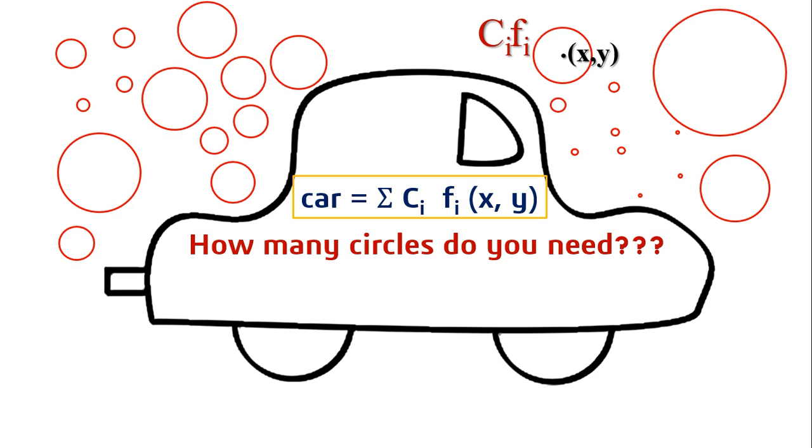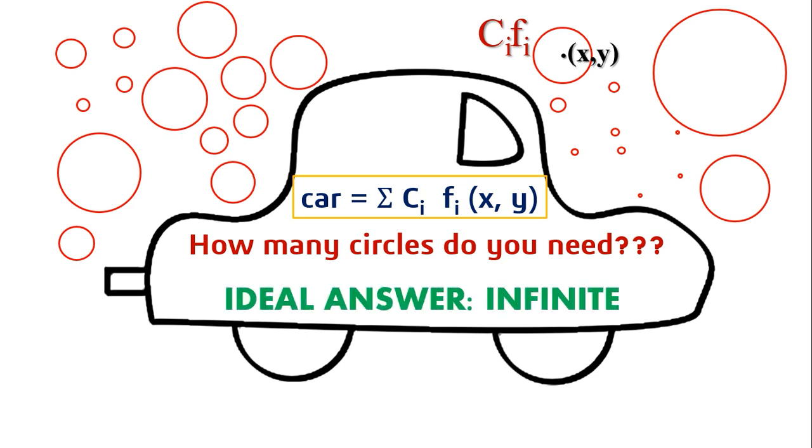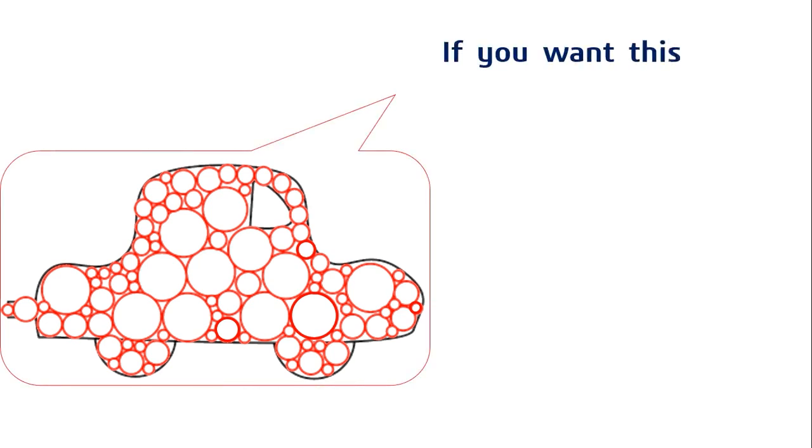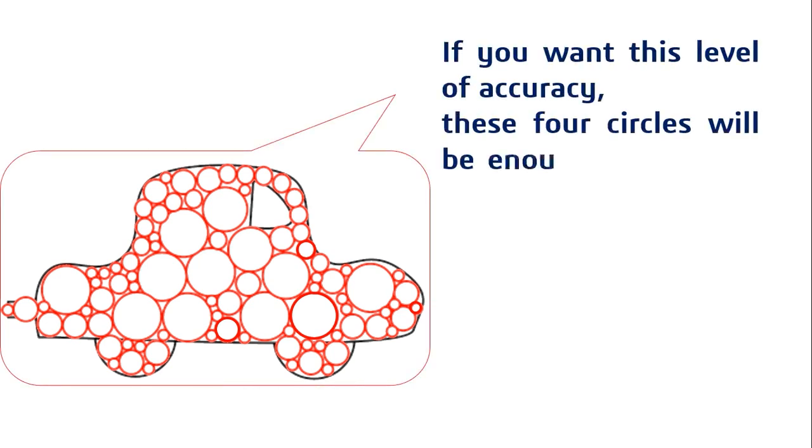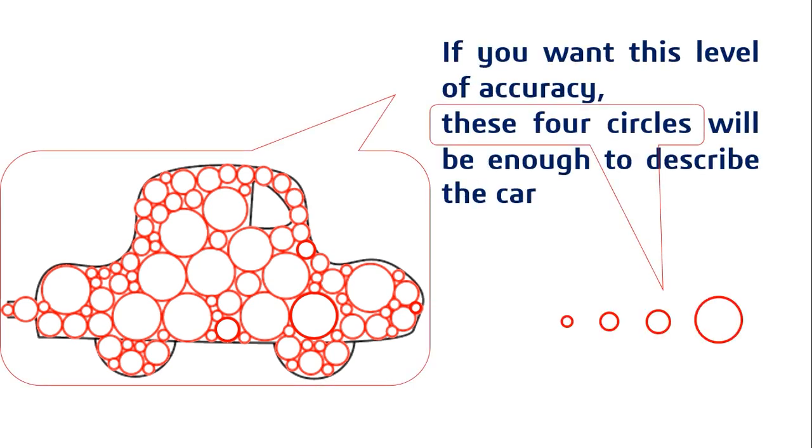Notice that the total number of circles is too many, but different types of circle are described by different f_i(x,y), right? Ideally, we are going to need an infinite number of types of circle to describe the car accurately. But is it practical? No, absolutely not. Depending on what exact accuracy you desire, you may take only a few types of circles for use.